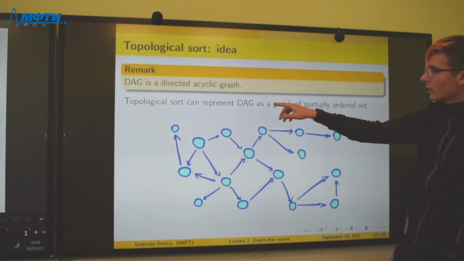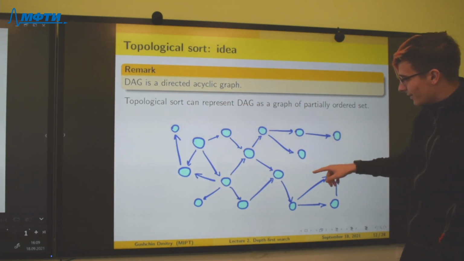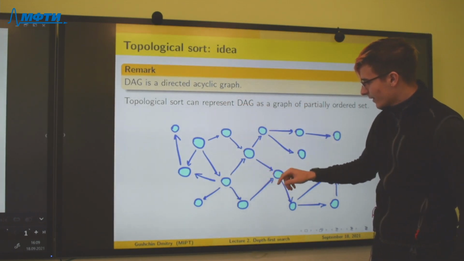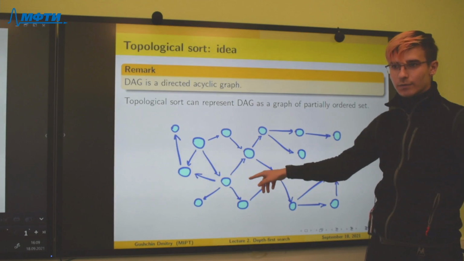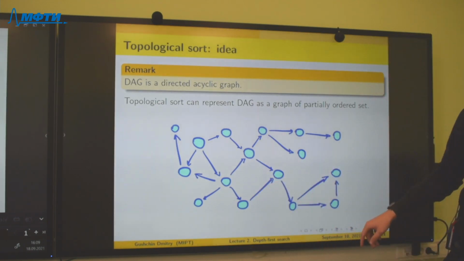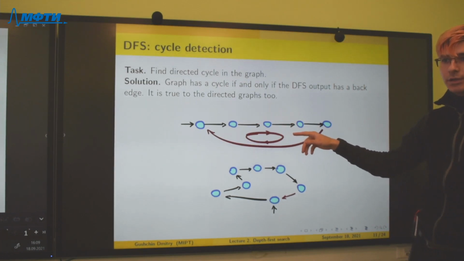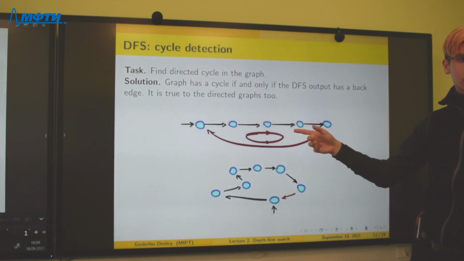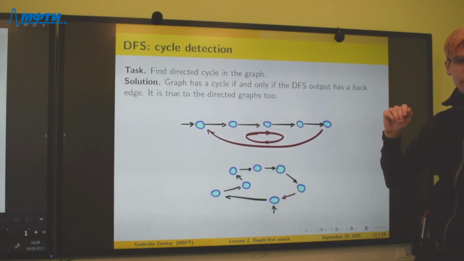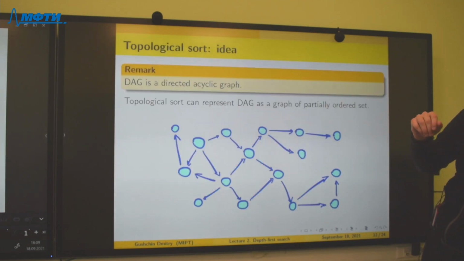Of course, we have cycles that have edges in both directions, but we have no cycles like this. Yep. That have edges in the same direction. Understandable? Yep.